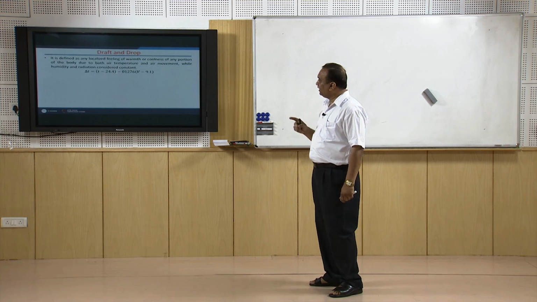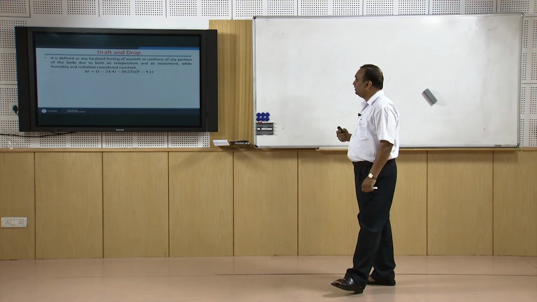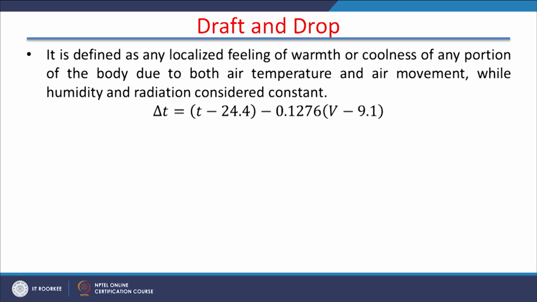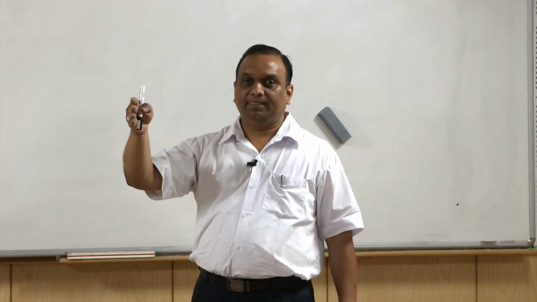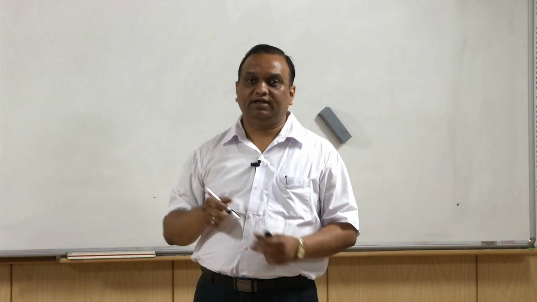Draft I have already explained: it is a localized feeling of warmth or coldness due to both temperature and air movement, while humidity remains constant. I have covered draft in the previous lecture. Drop is the vertical distance traveled by the air stream.